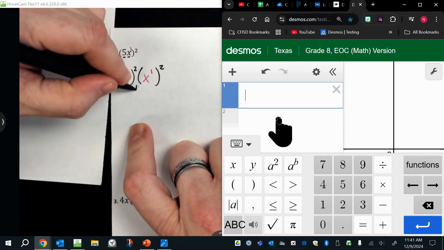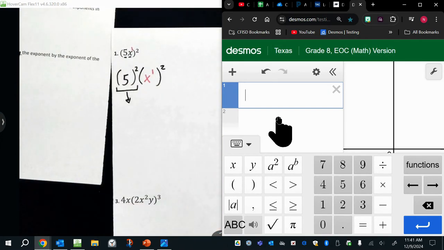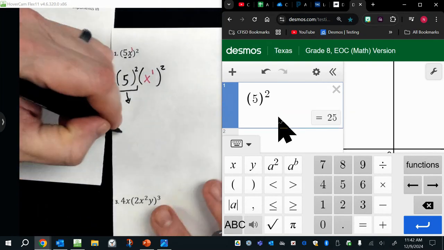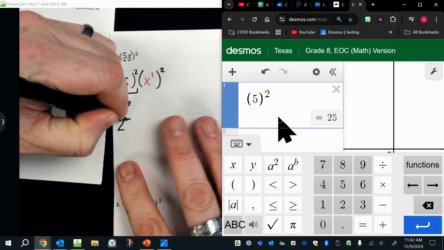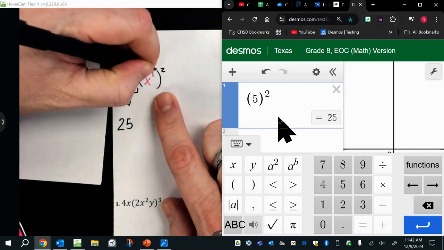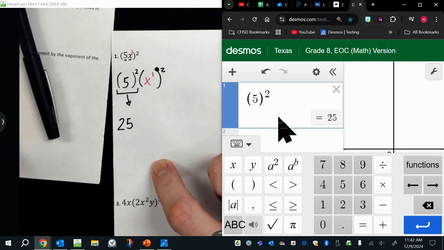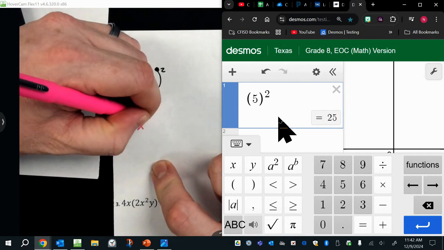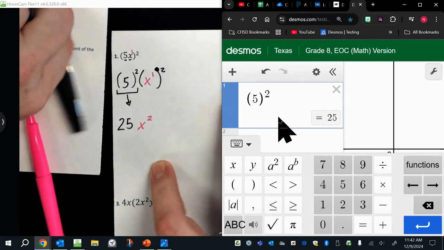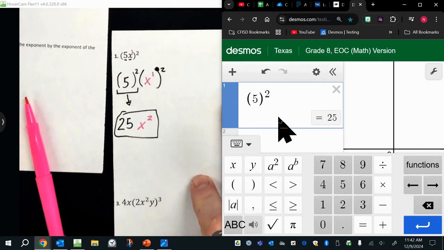This right here, I'm just going to type into my calculator. 5 squared is 25. And I'm going to take 1 and 2 and multiply them. In other words, 1 times 2 would make this x squared. So my final answer is 25x squared.